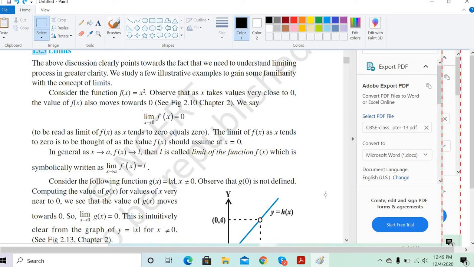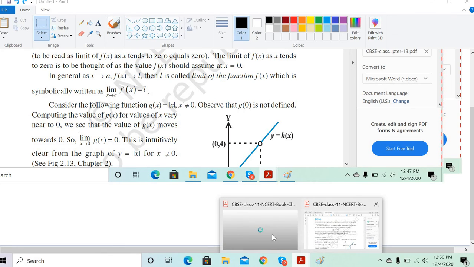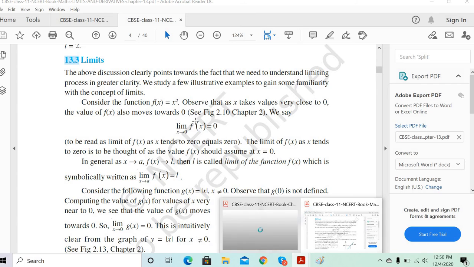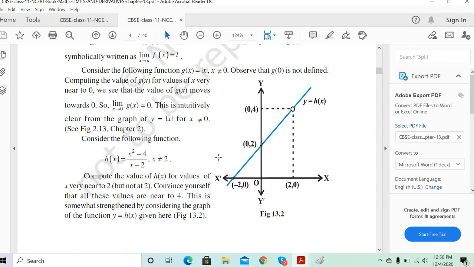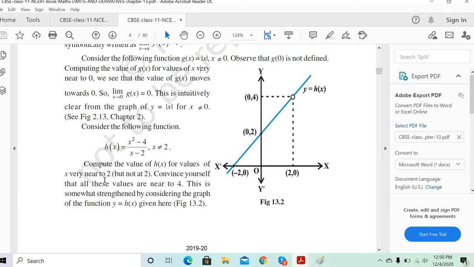Clear? Yes, sir. Okay, this part is fine because it was pretty straightforward. Now let's understand the other part. I want you to do this second part, because here the maximum learning will be there in figure 13.2. Write down figure 13.2 and then we'll draw it. You have the function h of x is equal to x square minus 4 by x minus 2. Write down this function and draw the figure 13.2.